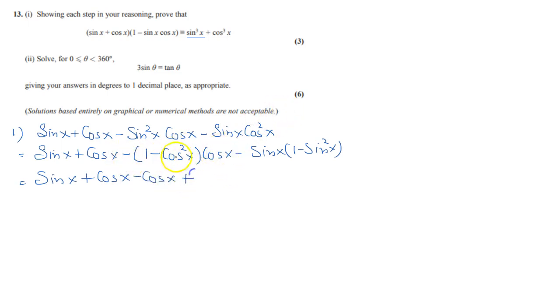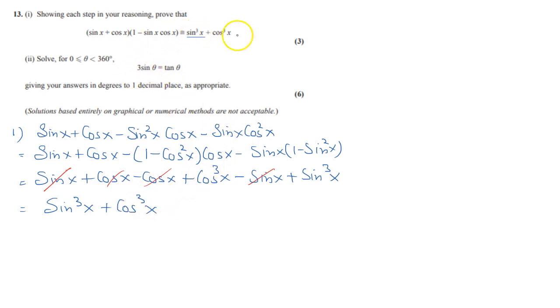Minus minus plus cos x, cos square x and cos x is cos cube x minus sin x plus sin cube x. Sin x minus sin x cancel. Cos x minus cos x cancel. So we are having sin cube x plus cos cube x, and that is what we are supposed to prove. This was the first part.